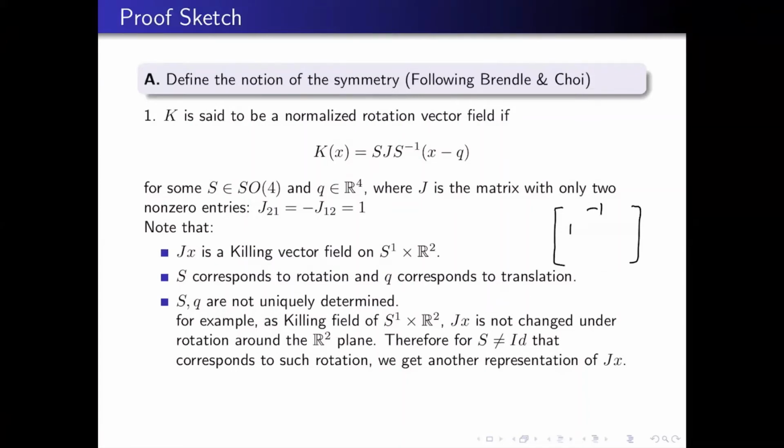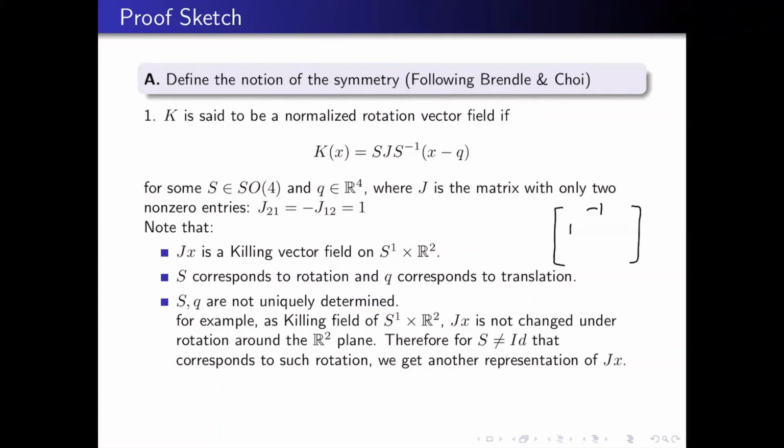So for example, the Jx for S1 cross R2, this vector field, since it's a Killing vector field, will not be changed under the rotation around the S1.